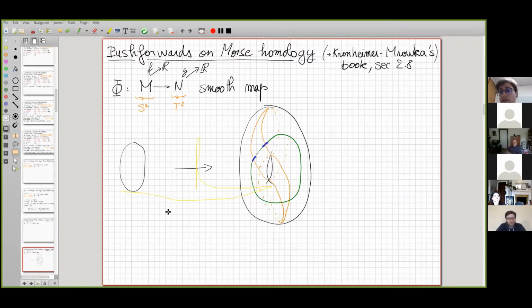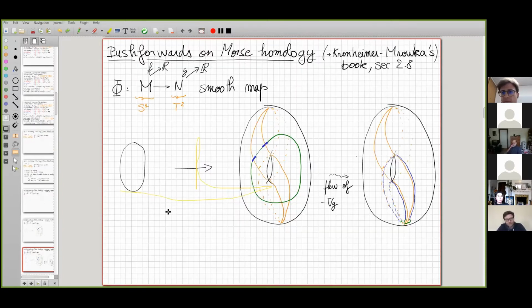circle in the torus. So a priori, it's not related to the Morse function on N. But what you can do is you can take this image that corresponds to the unstable manifold of the index 1 critical point in the circle, and then you can let the flow of the gradient of G act on this, and we will observe something like this.